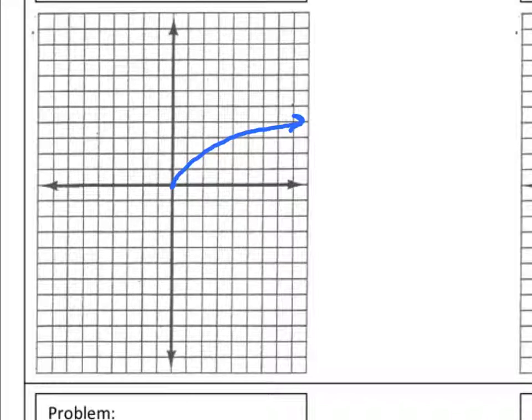So we want to find the domain and the range. Domain is dealing with the x values. The range is dealing with the y values. So looking at the domain first, where does our graph start? 0, 0. That's where it starts. Does it go in the negative direction?